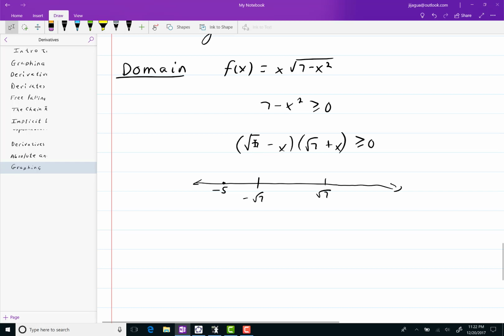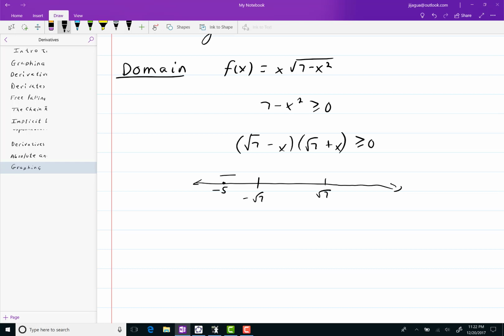You get radical 7 minus -5. So that's radical 7 plus 5. So that's a positive number. Then, if you plug it into the other piece, you get radical 7 minus 5, which is a negative number. So you have the product of a positive number and a negative number. So together, that will make negative.